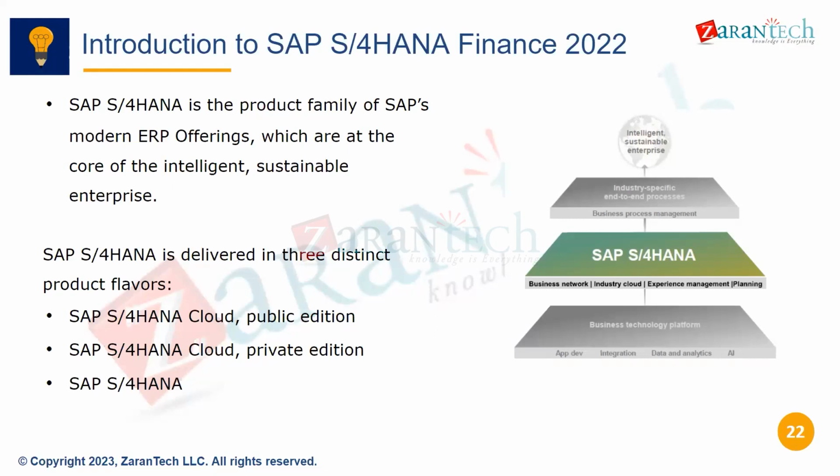And on-premise means each client will install their own database on their premises. The server will be managed by them, including regular maintenance, everything managed by the client itself. In case of the public cloud version, SAP takes care of all this maintenance.